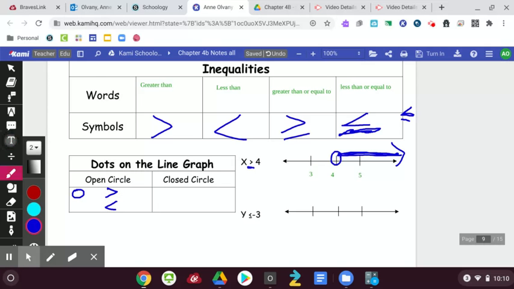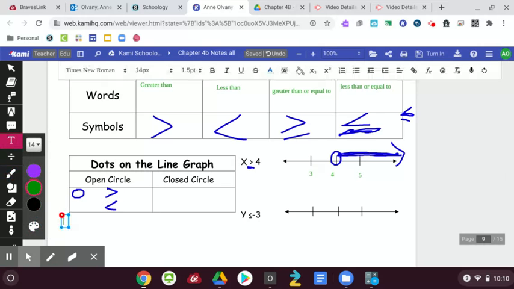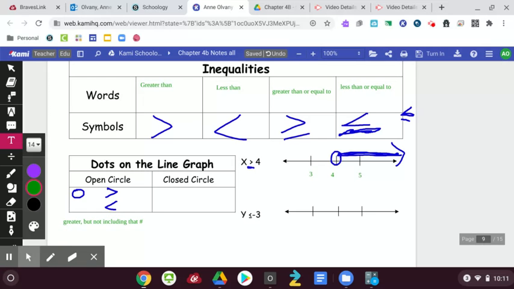And what it means is greater than, but not including that number. Okay, so anything greater than 4, 4.1, 4.5, but not 4. 4 is not included.